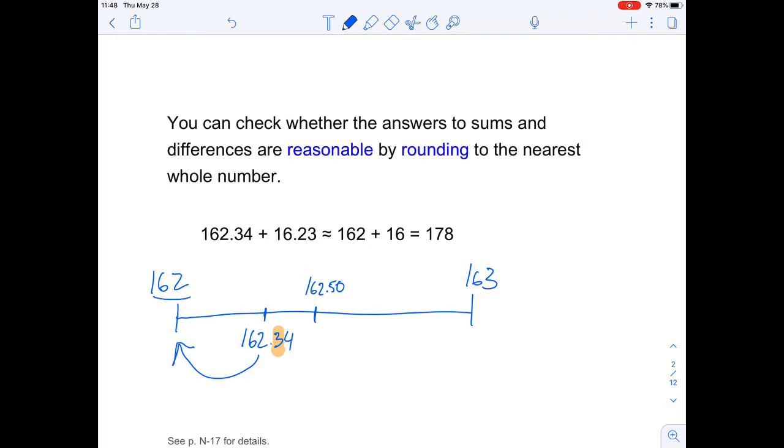And so here we see 162 and $16.23. Here we have 4 or less, and so we're going to let that rest as well. And so it becomes 16. And once we have whole numbers, it's probably fairly easy for you to add. 162 plus 16 makes 178.